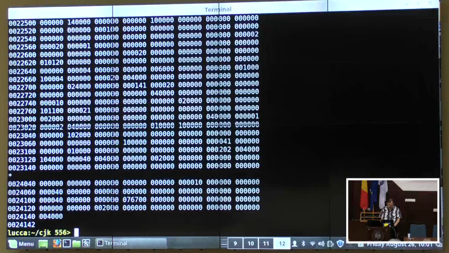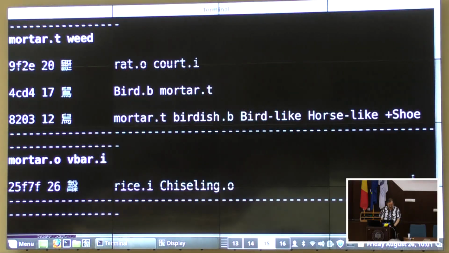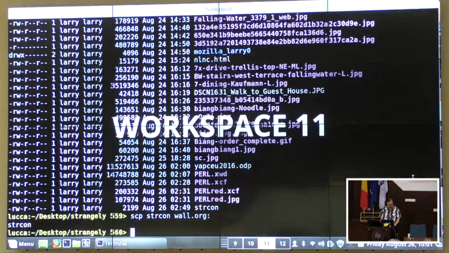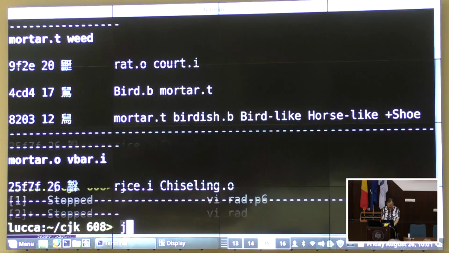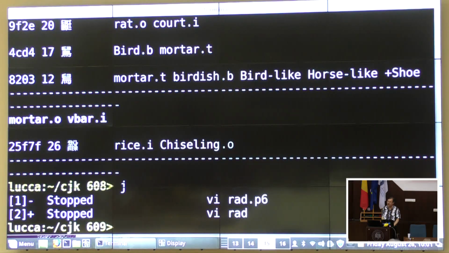So this program I'm using over here called rad, because it looks up by radical, I have it in both Perl 5 and Perl 6. The Perl 5 one is faster and buggier.